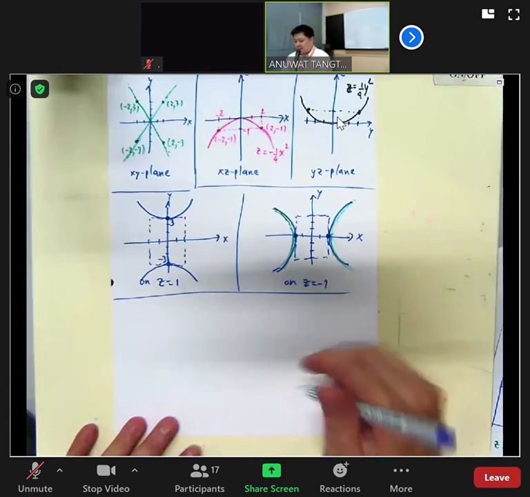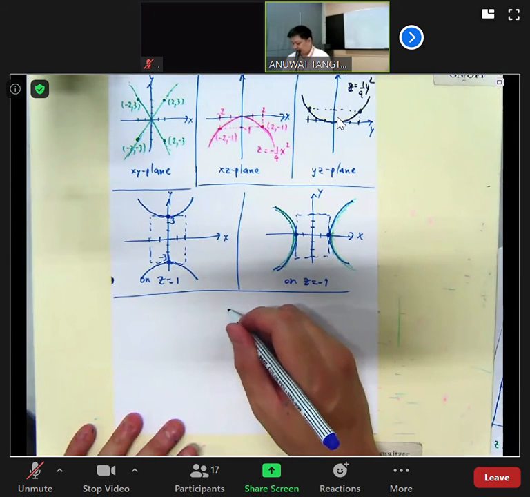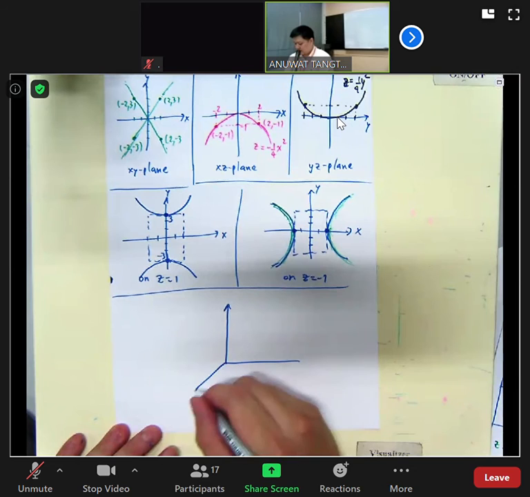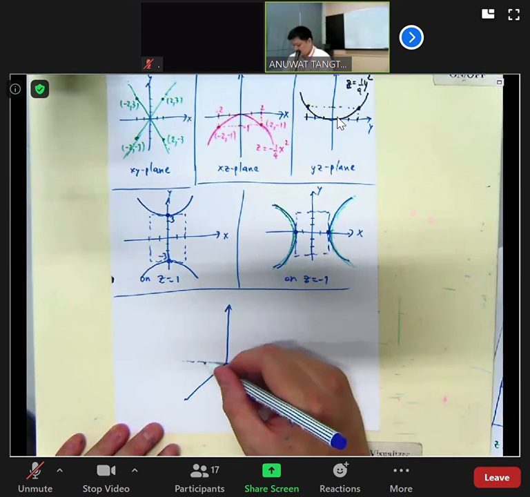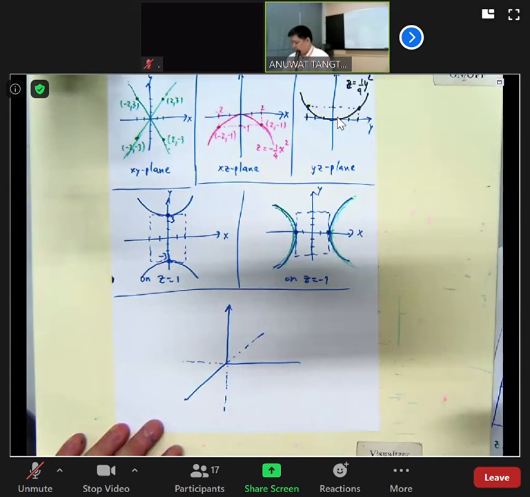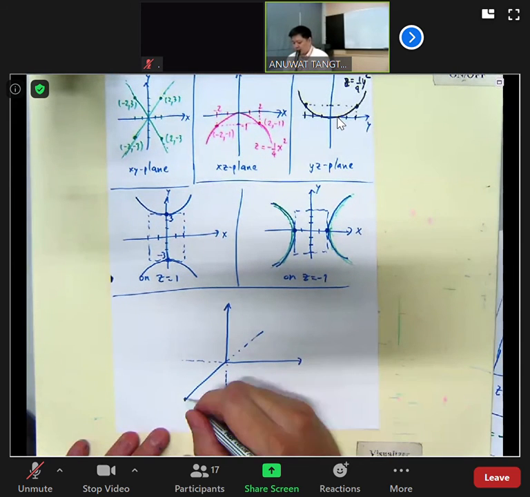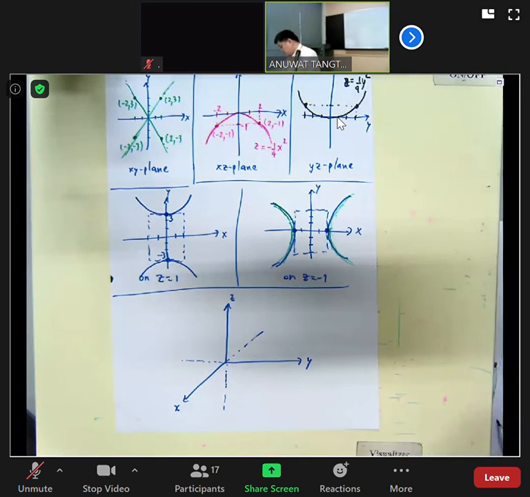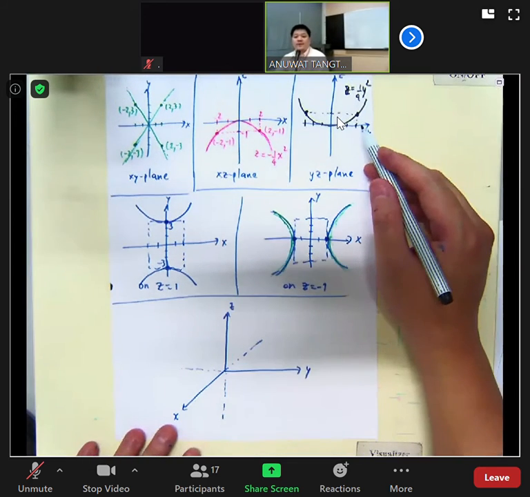Now it's time to combine. Okay, try to look at this carefully. It is complicated. Let me do this one first, 3, 1.